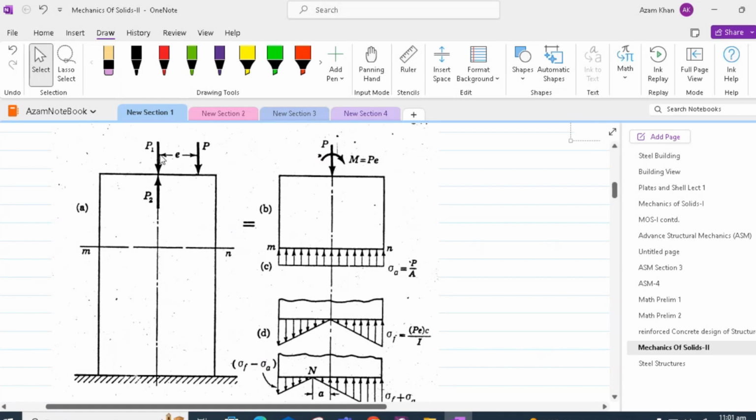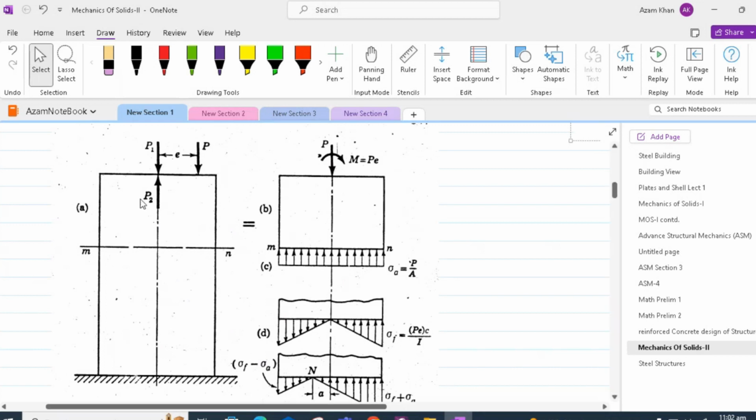The addition of a pair of forces P1 and P2, each of magnitude P and acting at the centroid of the cross section, causes the equivalent loading shown in this figure. In other words, the load P can be transferred via a force couple system to the centroid by adding the loads P1 and P2 at the centroid.